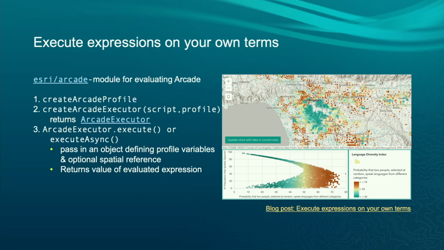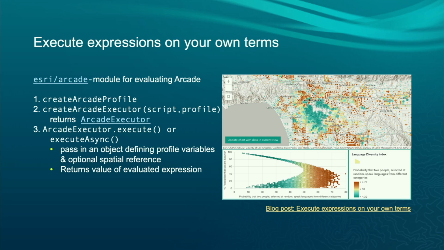So if you have a use case for Arcade that's not in one of the predefined profiles, or if you need to use the result of an expression outside of the original context, or if you need to define a custom Arcade profile to provide a configurable experience for your users to write their own Arcade expressions. Or you might want to use this if you just want to take advantage of Arcade's simplified language syntax.